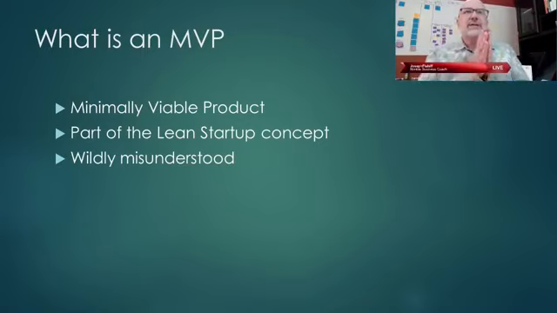These are companies that spend tens of thousands of dollars to bring me in and other of my cohorts to help them develop products that they haven't validated whether anybody wants them or not. And the whole point of an MVP, a minimally viable product, is to validate what it is the market wants.